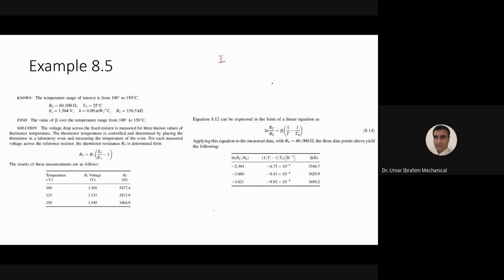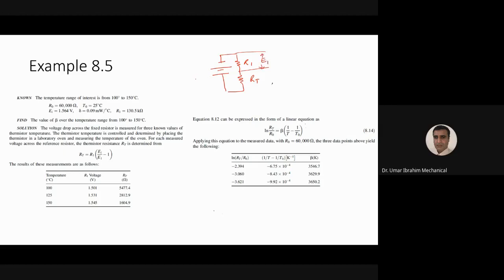If you look here, this is our R1, and this is our RT, and this is our E1, or voltage drop across R1. Now we are given the input voltage.